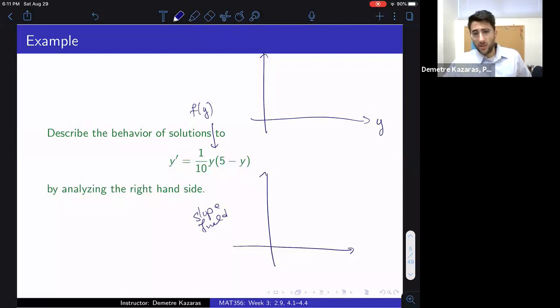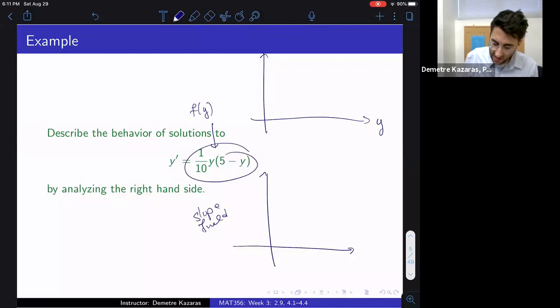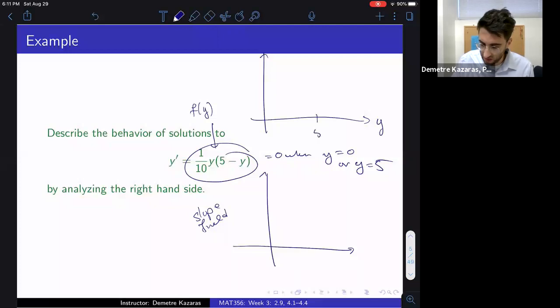Let's take a look at this right-hand side. This is equal to 0 when either y is 0 or y equals 5. No big deal there. So y is 5 and 0. We got some special points there. That's where the function is 0.